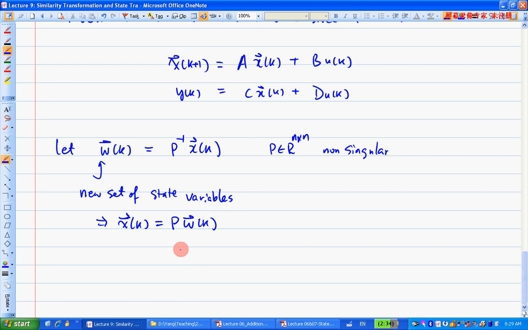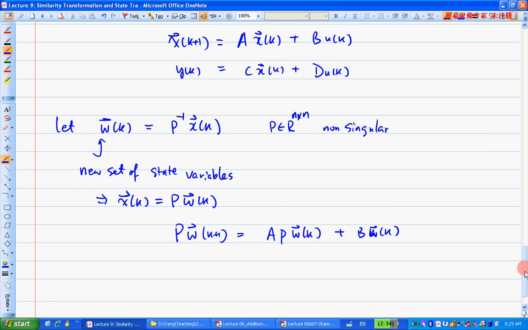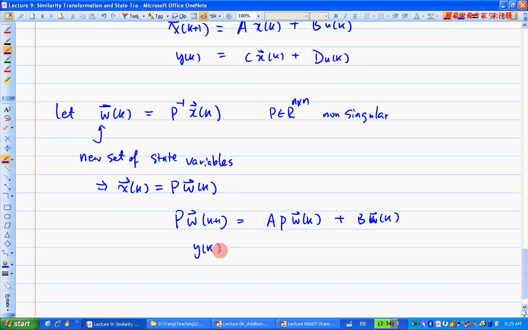So P W of k plus 1 equals A P W of k plus B u of k. And then y of k equals C P W of k plus D u of k.